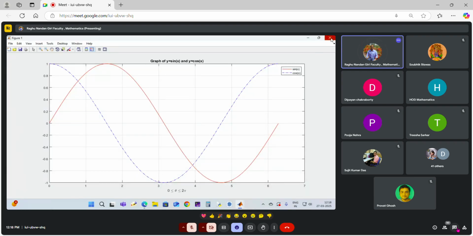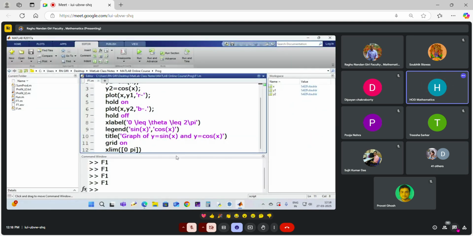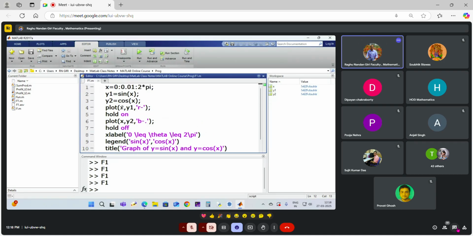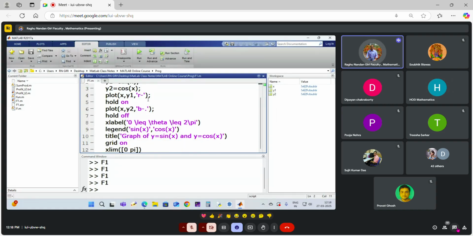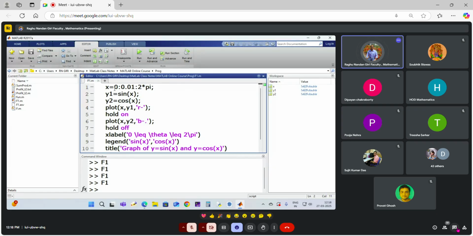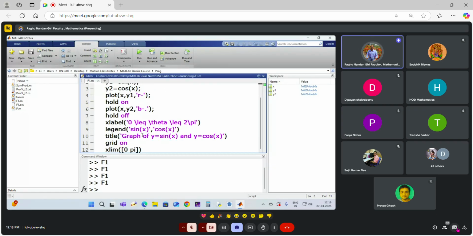See, for this x limit, the axis limit, the theta value is 0 to 2 pi, but I do not want all those values. I particularly want from pi by 2 to pi.